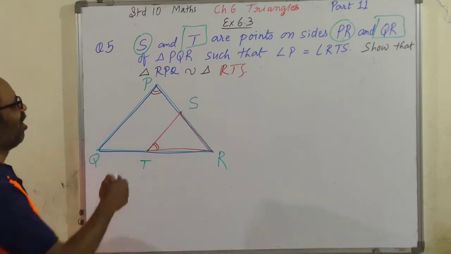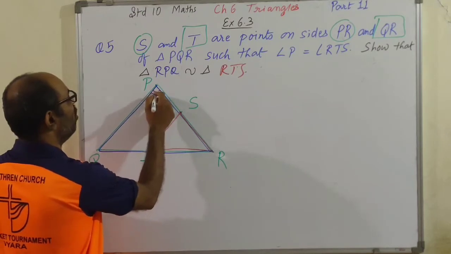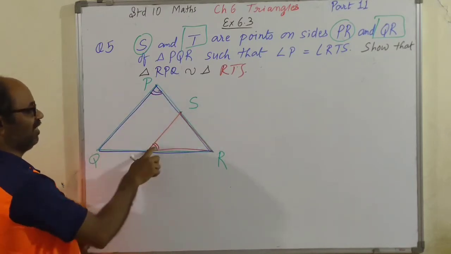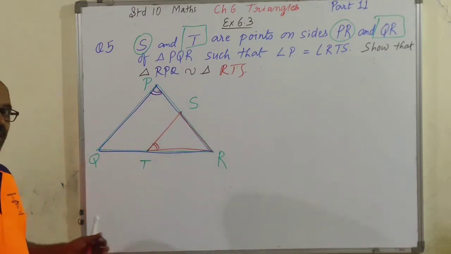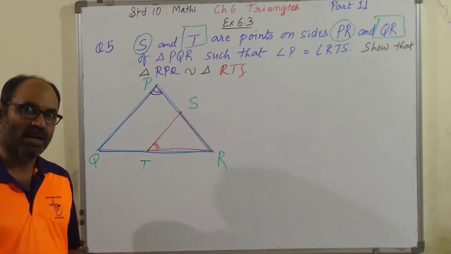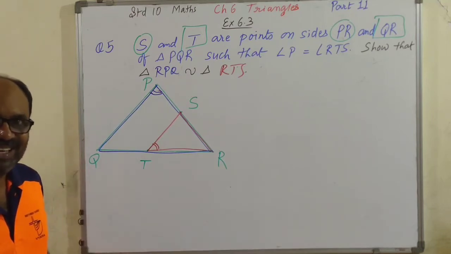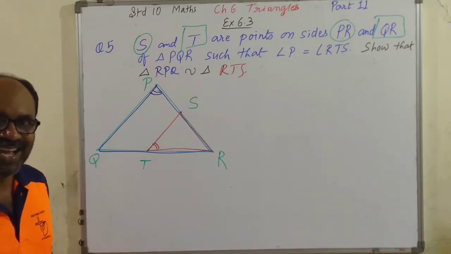One corresponding angle is already congruent. This is blue angle P and this is red angle T. One pair of corresponding angles is already equal. We need one more. Can you tell me which blue and red angles are equal?